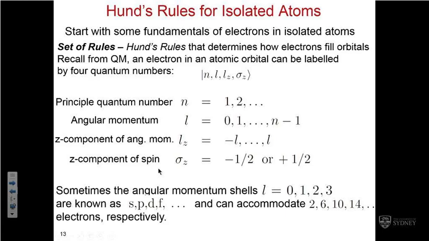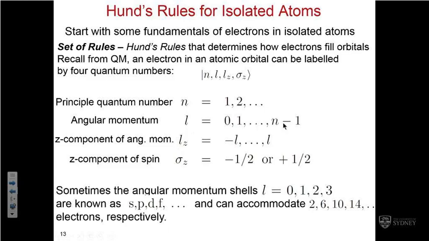So here we have these 4 quantum numbers that I mentioned, n being the principal quantum number, n goes from integer numbers 1 up to whatever. Angular momentum is l. These are also integers, it starts at 0 and then goes 1 to whatever, up to n minus 1.